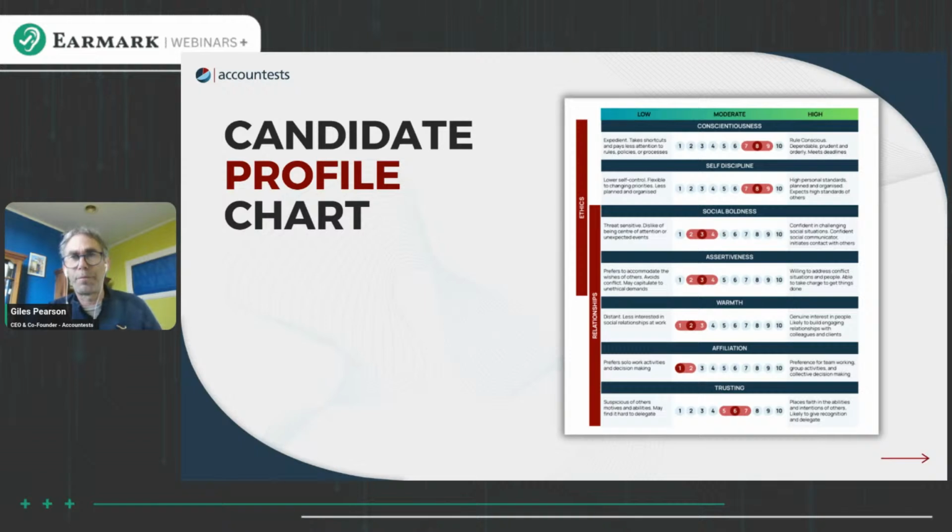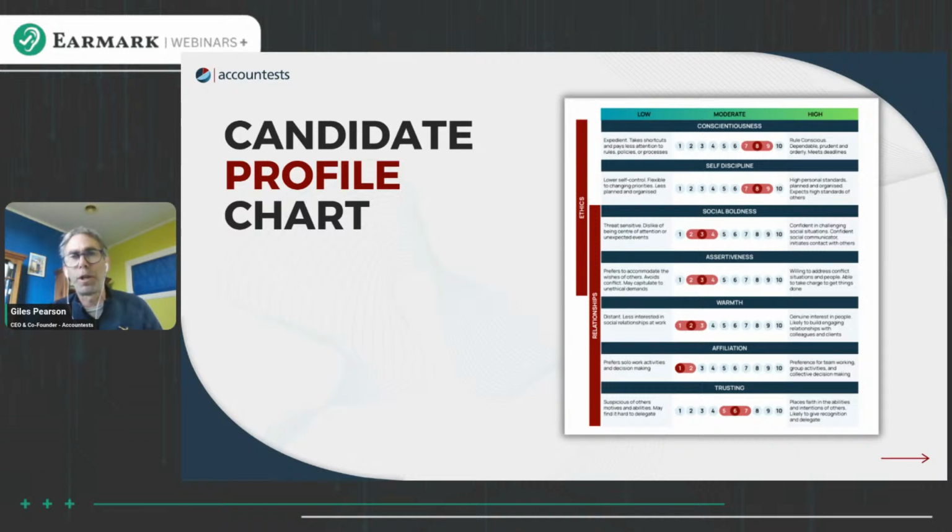Conscientiousness, usually with these things, one end of the scale is better than the other. So in our one, usually towards the right looks better, but not always. And in a team, you're often looking for a balance.